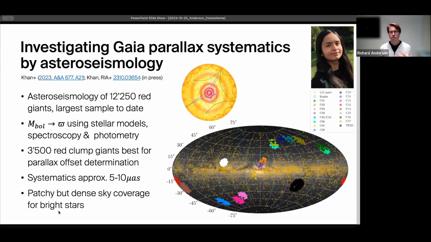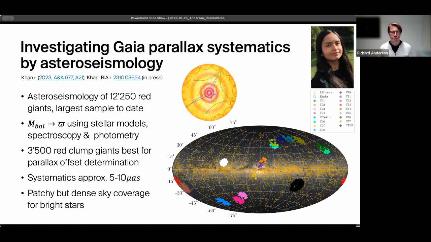And the real benefit of using this asteroseismic data is that it gives us locally dense, but overall patchy sky coverage of what these Gaia systematics look like. And this is important because, as you see here, these yellow points, the distribution of the physical pairs that inform the Lindgren corrections to the Gaia parallaxes, are not really that densely sampled all over the sky.